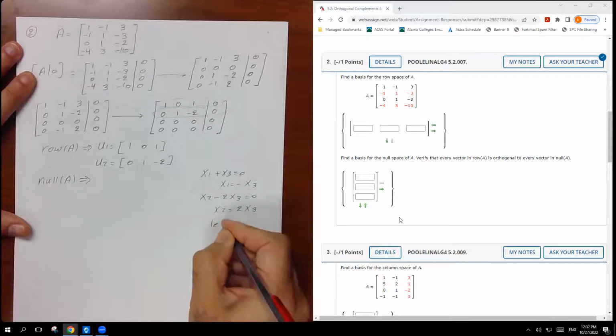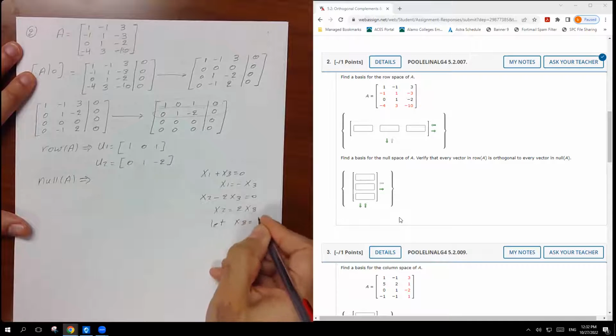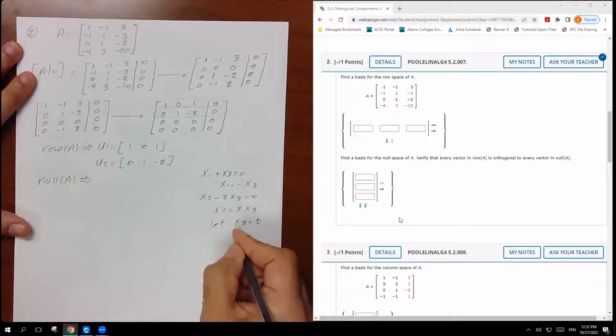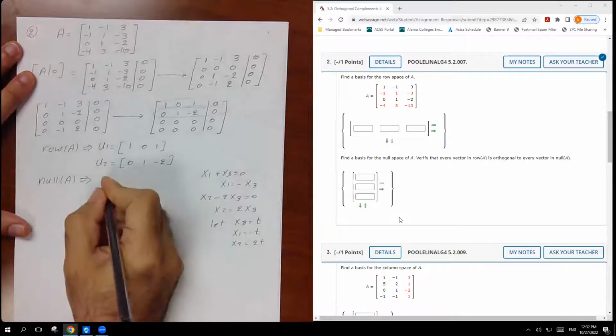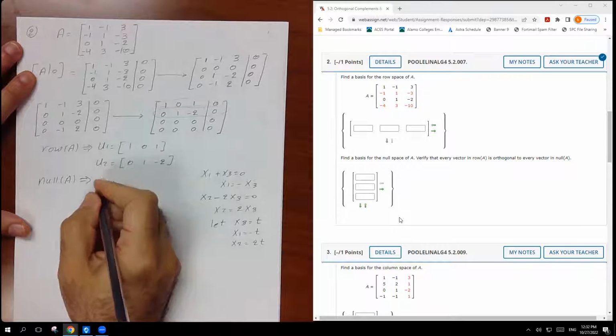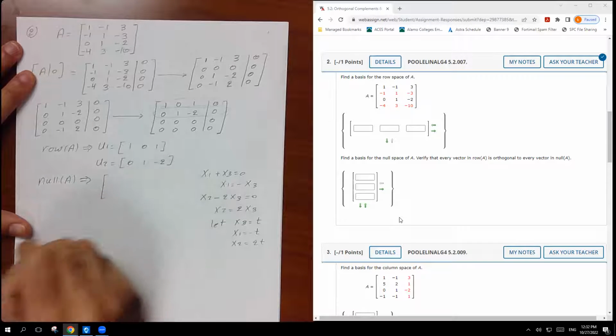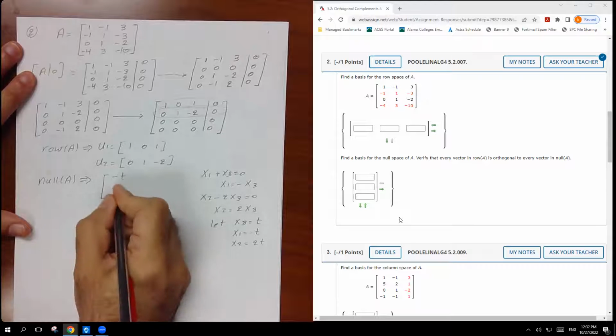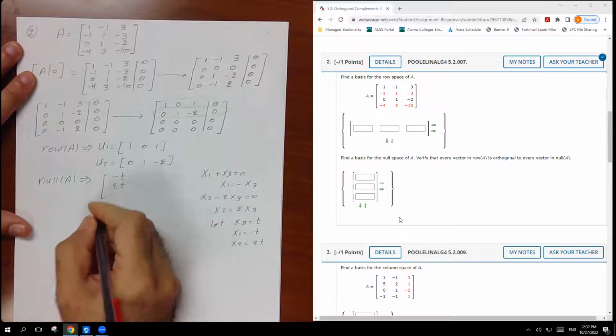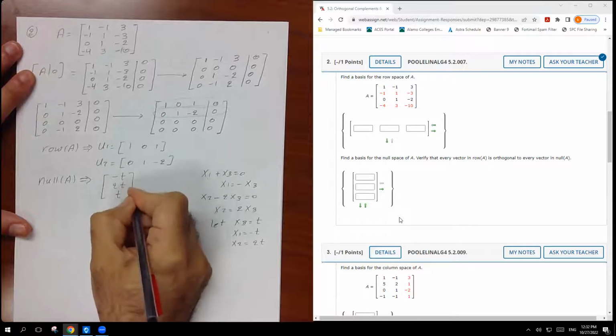Then let x3 equal t. That means x1 is -t and x2 is 2t. So the null space is x1 is -t, x2 is 2t, and x3 is just t.